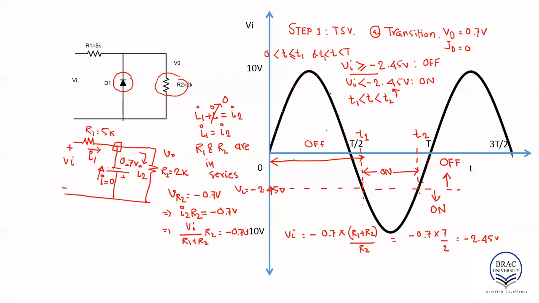So this way we have found out the range of input voltage for which the diode is on and the range of input signal for which the diode is off. Also, the duration of time when the diode is off and the duration of time when the diode is on. So next we are going to find out the input-output relationship in the next unit.